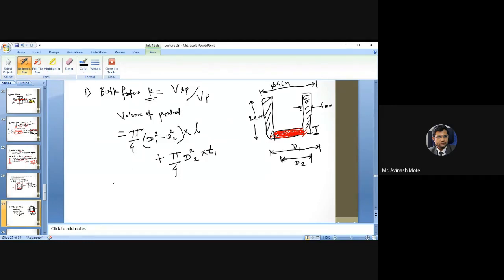We'll calculate the volume now. So pi by 4, what is the larger volume?